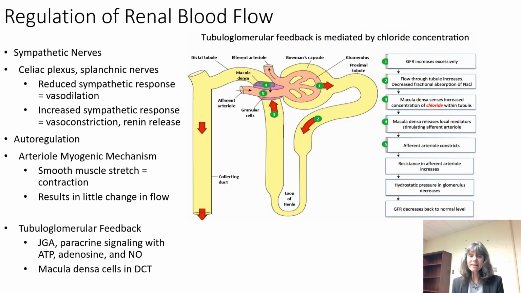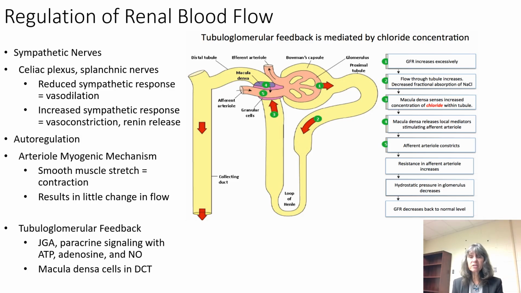When it comes to regulating the flow of blood through the kidneys, there are two main mechanisms that do this. One is through the autonomic nervous system, and the other one is what we refer to as autoregulation. With the autonomic nervous system, we do not have dual innervation. We don't have sympathetic and parasympathetic innervation for blood vessels. We only have sympathetic stimulation.